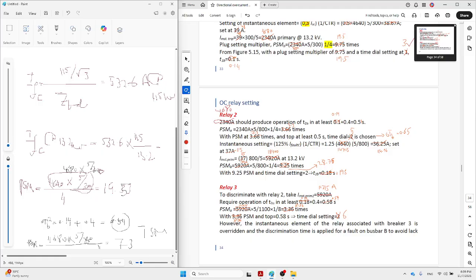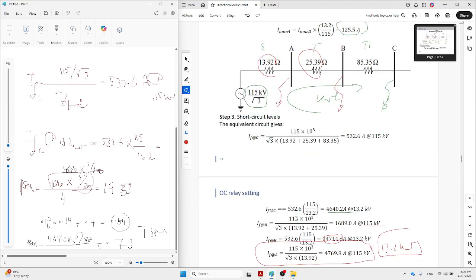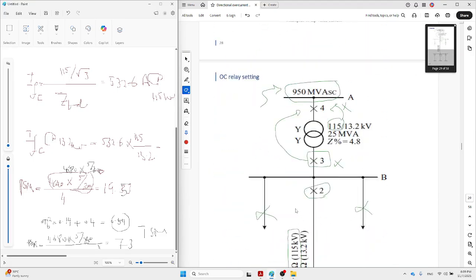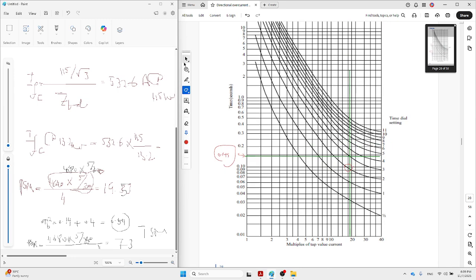So we should put the timing on 0.54 and the PSM on 7.3. The timing is around 5.5, so a bit less than 5.5, which is here. Assume it's here.